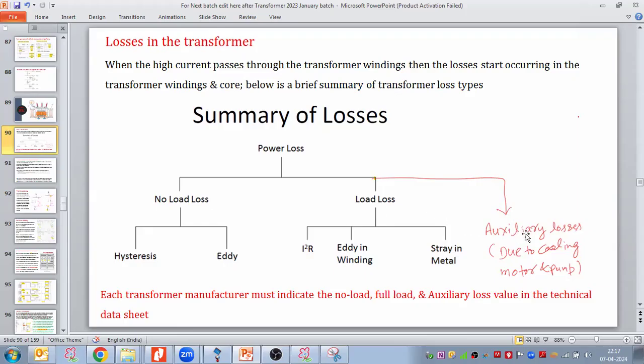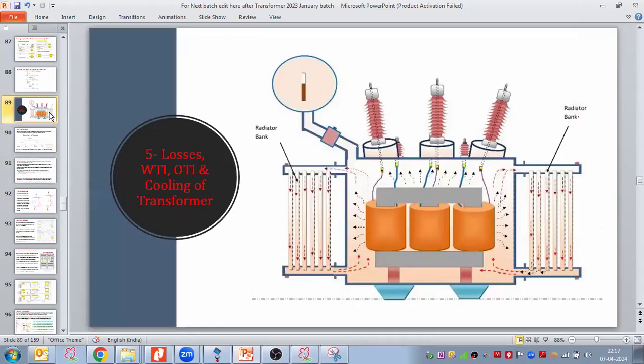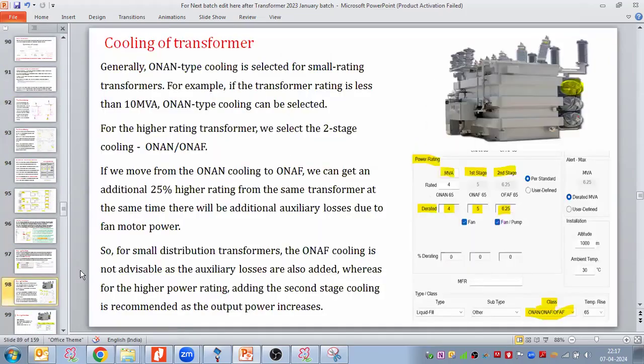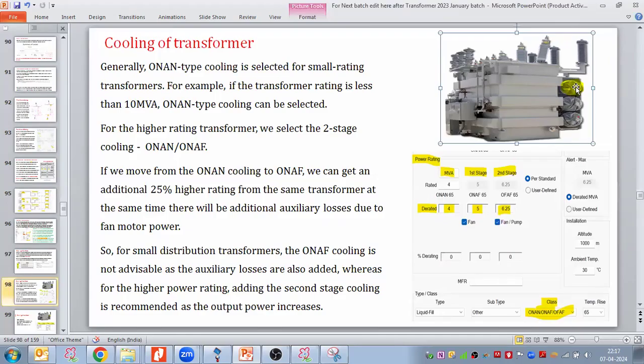The third type of loss we have is called auxiliary losses. Auxiliary losses means, if you see here, let me take a transformer photo. Here we have the transformer, the tank, and the radiators. In the radiator, we have placed a fan. This fan has a motor, which forces air into the radiator, so this motor requires some power.